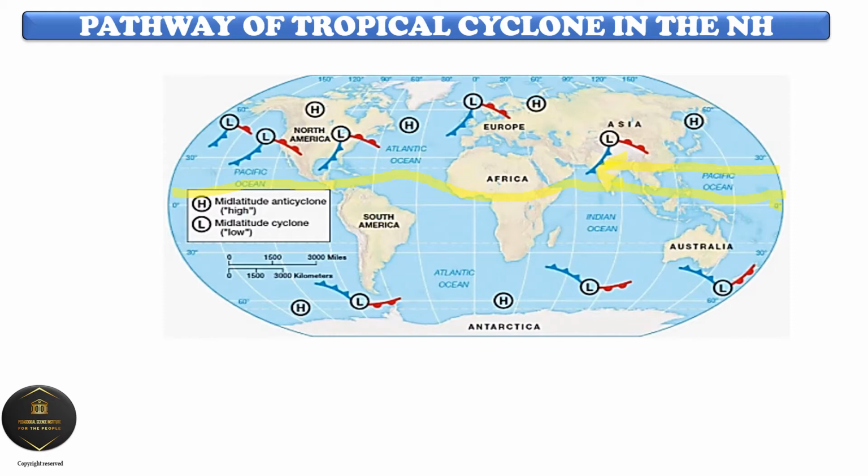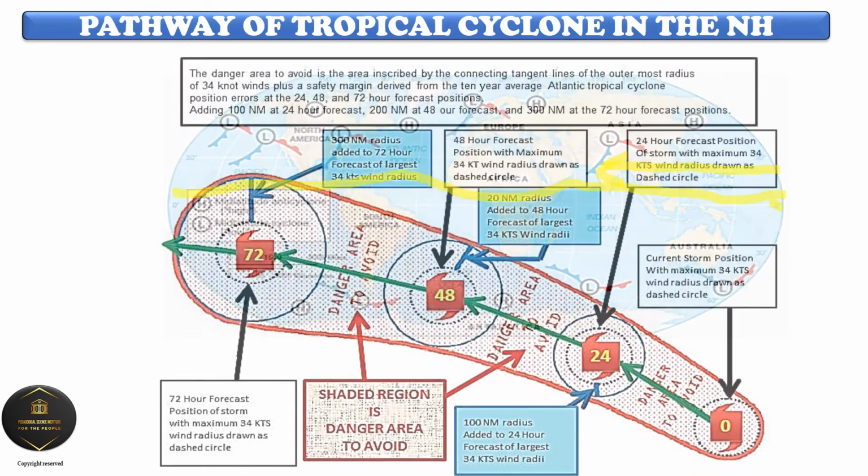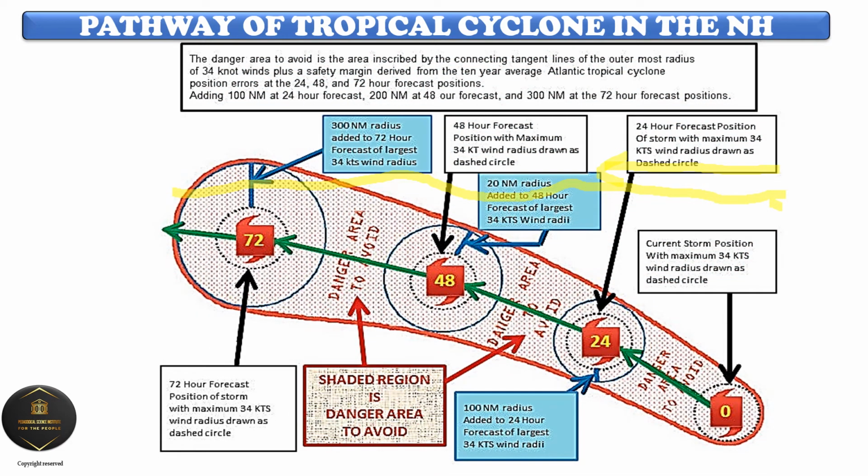But now looking at an actual movement of it in the northern hemisphere. So it will follow this route. So down here, you'll have your 0 degrees, and then you'll have your 5 degrees to 30 degrees.